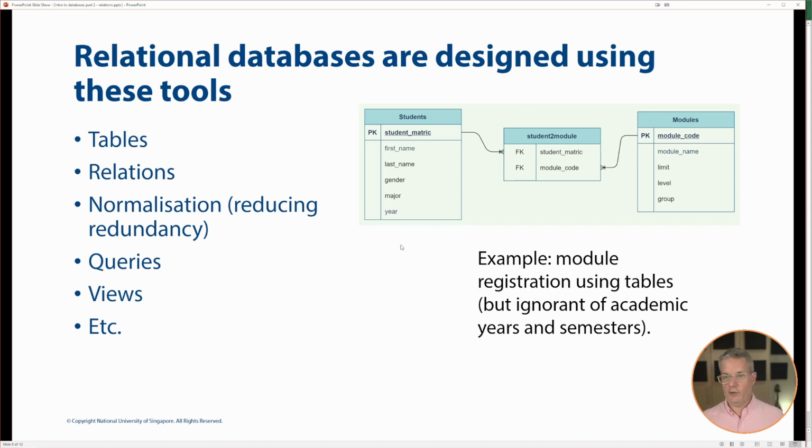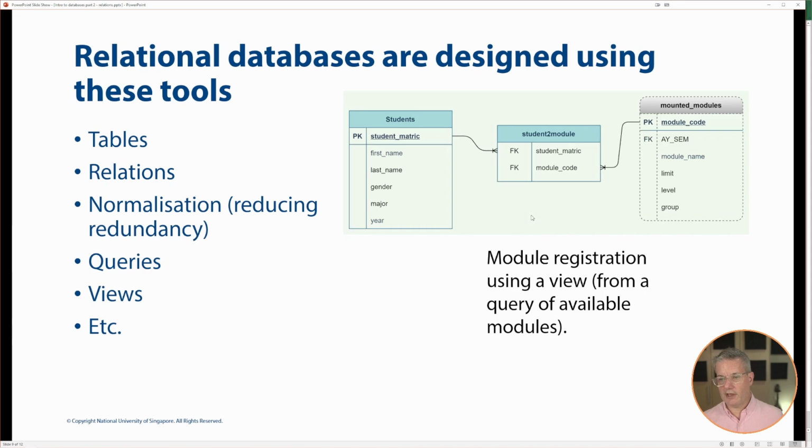So we might, for example, have a look at this problem of students and modules, and then notice that we need to restrict ourselves to available modules, and then we might solve that problem one of a number of ways. But for example, we might solve it by replacing the modules table in our query with the mounted modules, which we derive from a view, a virtual table.